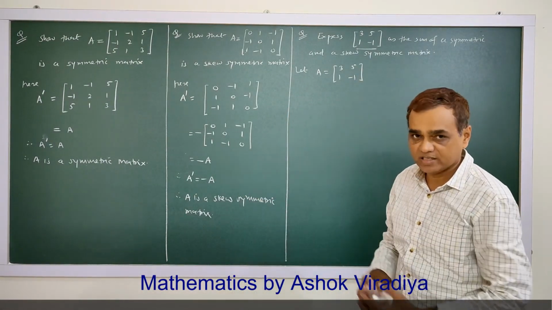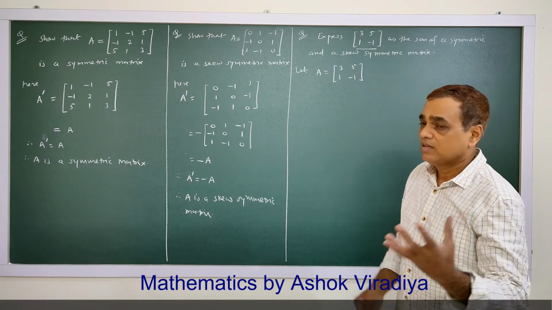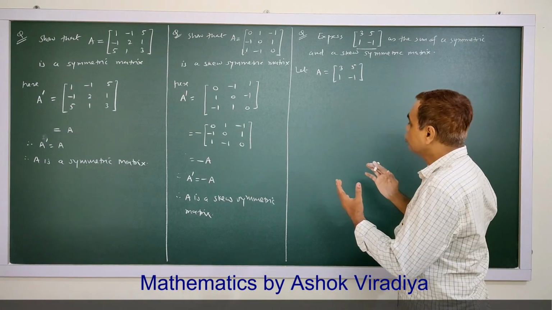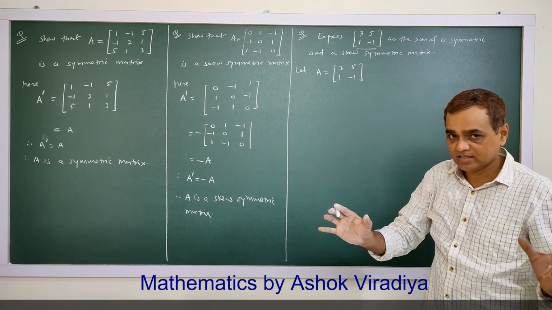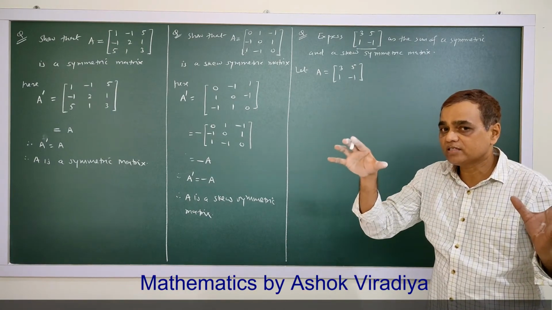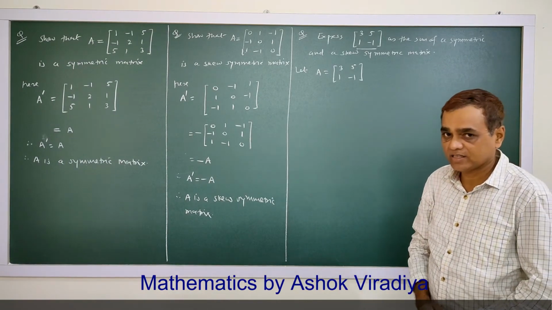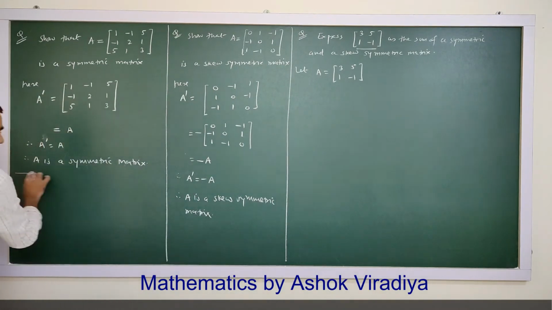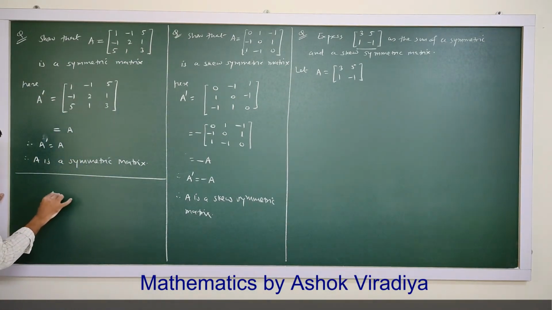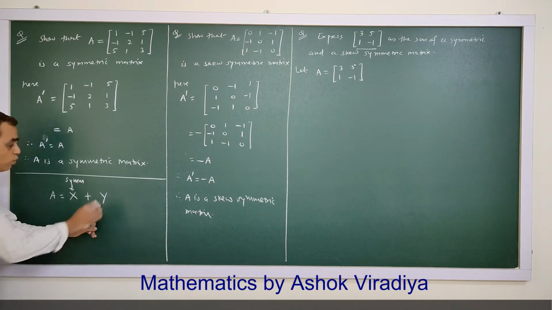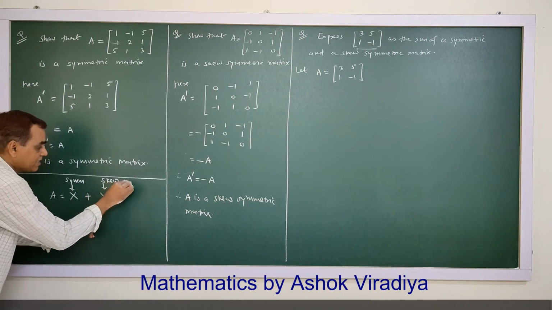When discussing properties, we discussed that any matrix can be expressed as the sum of 2 matrices X and Y, such that X is a symmetric matrix and Y is a skew symmetric matrix. That is the theory part.